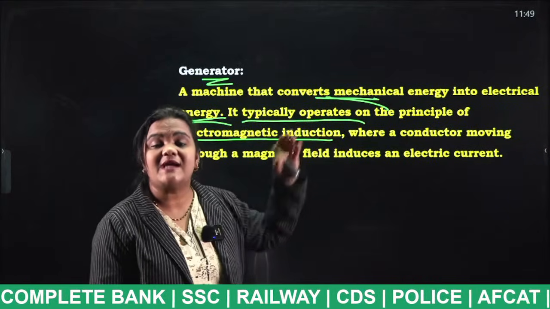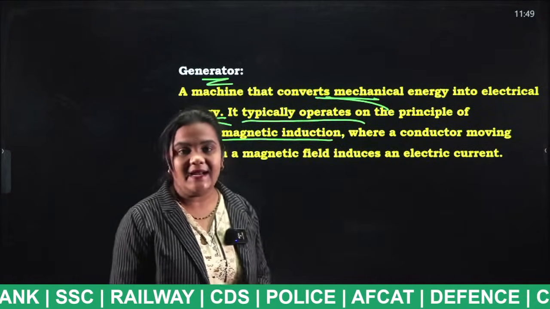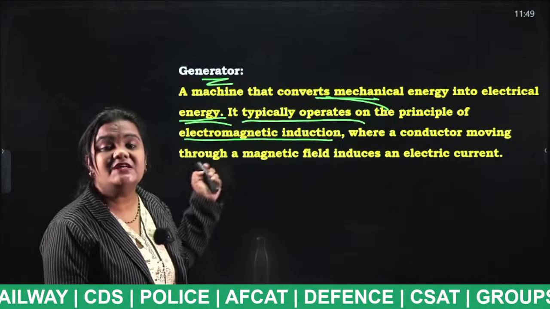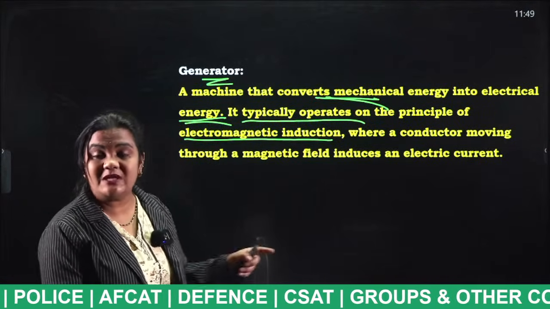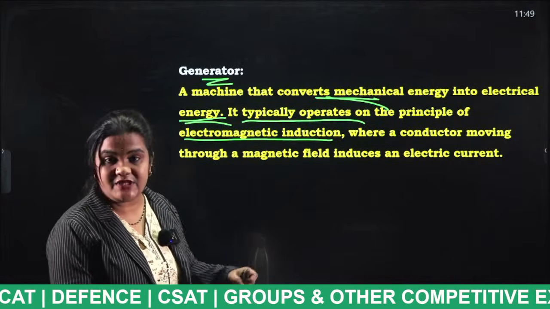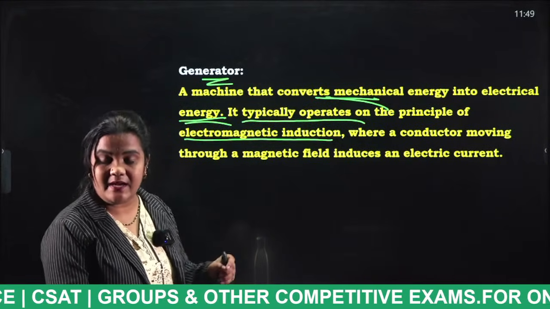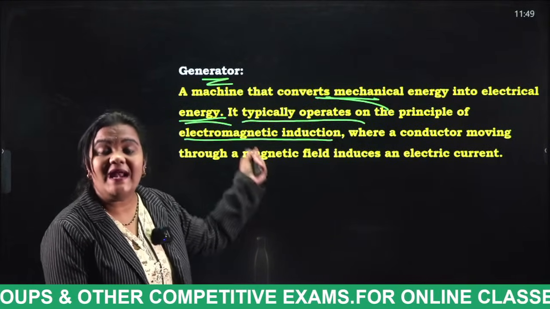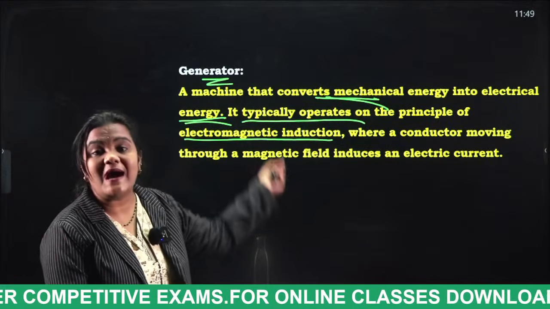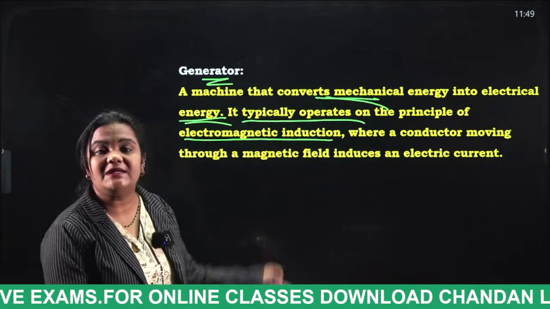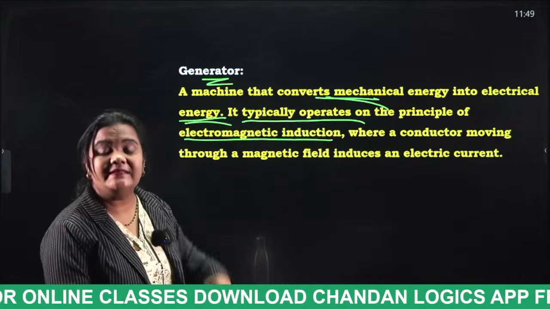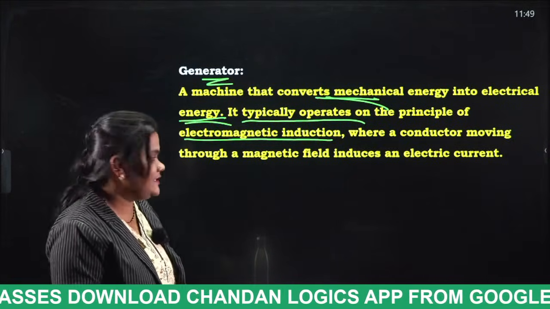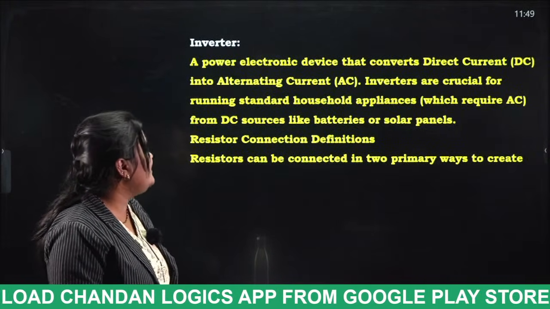Mechanical energy is converted into electrical energy, and that device is considered a generator. The generator works on which principle? Electromagnetic induction. What happens in electromagnetic induction? When a conductor is passing through a magnetic field, electricity is produced.